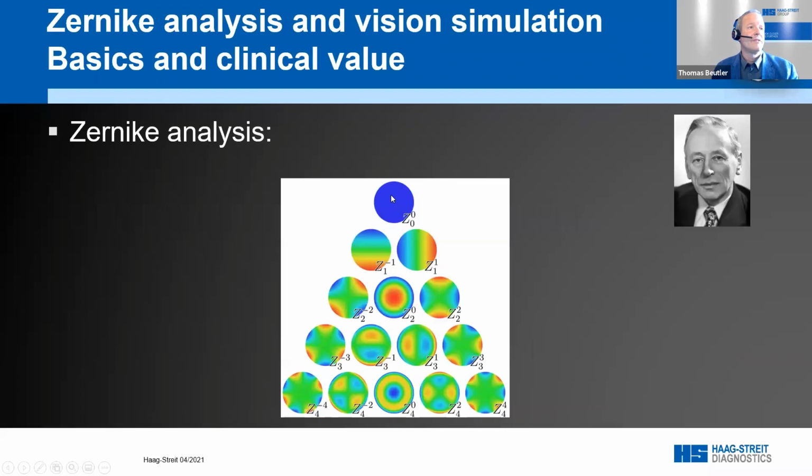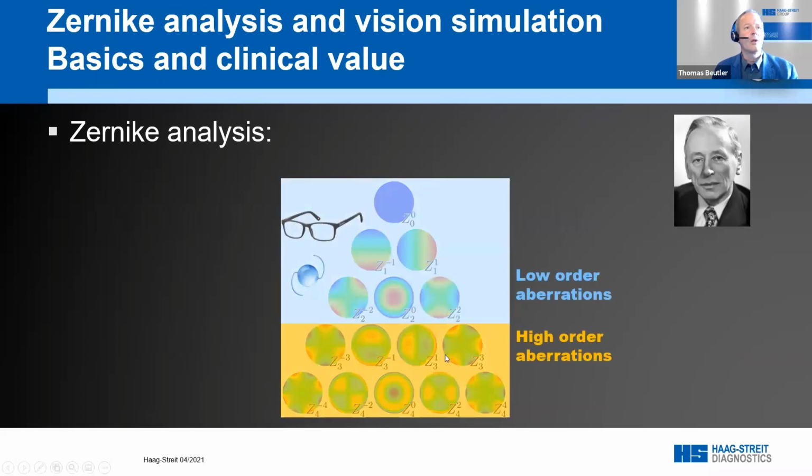We have the Zernike tree here down to the 4th order, and we have so-called low-order aberrations and high-order aberrations. The low-order aberrations, the Zernike coefficient 2, they can be corrected in IOLs or in a glasses prescription. We have piston, we have defocus, and we have the astigmatism, which we can all correct with the standard care we look at.